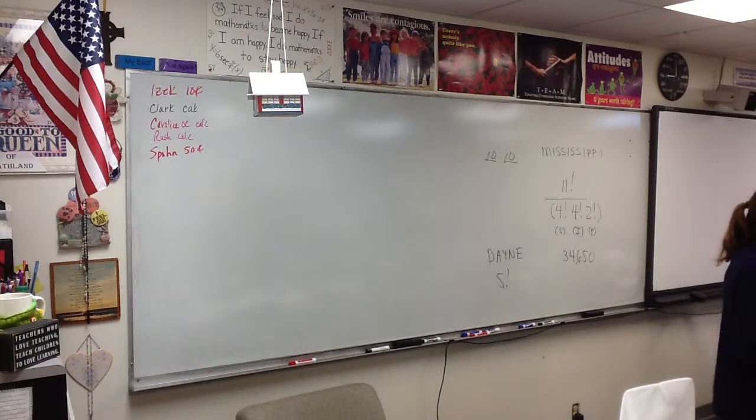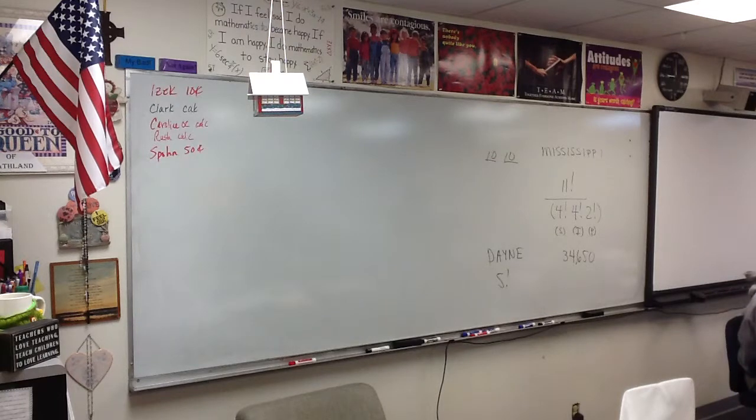Okay. Now, let's think about this for a second. In problem A, I am going to pick Abby for president and Dane for vice president. Or I could pick Dane for president and Abby for vice president. In problem A, does the order that I pick the students matter? Yes, because whoever I pick first is going to be president.